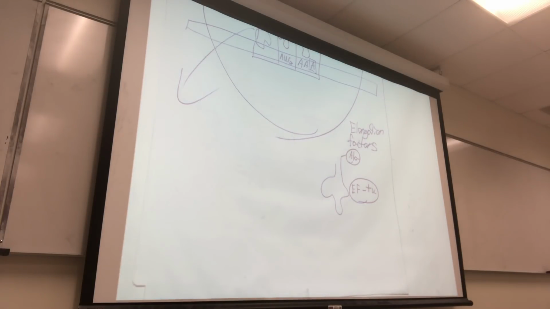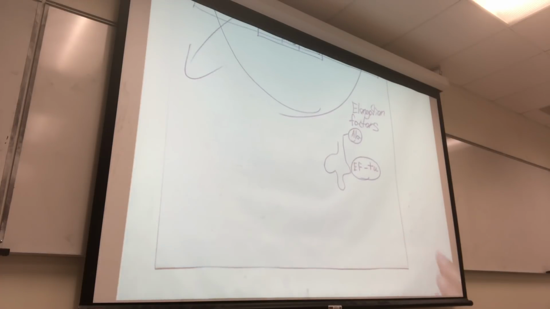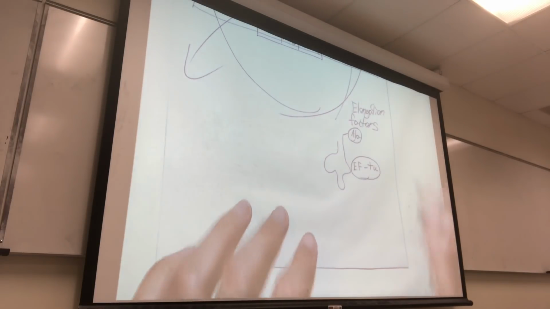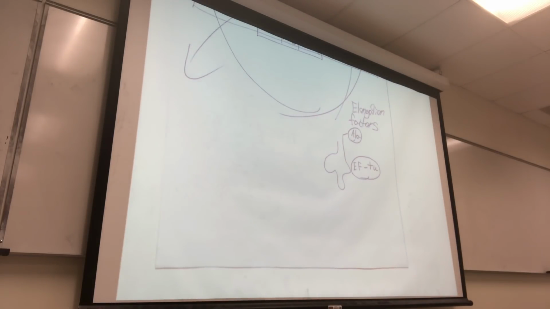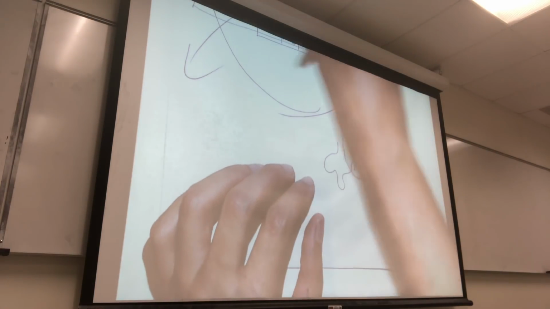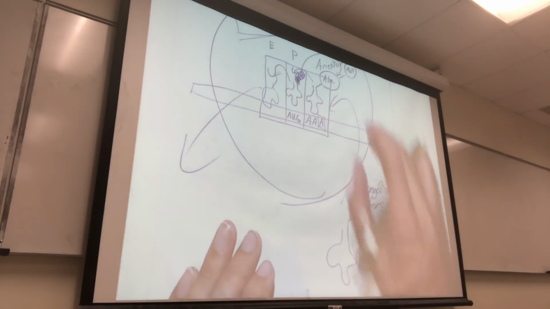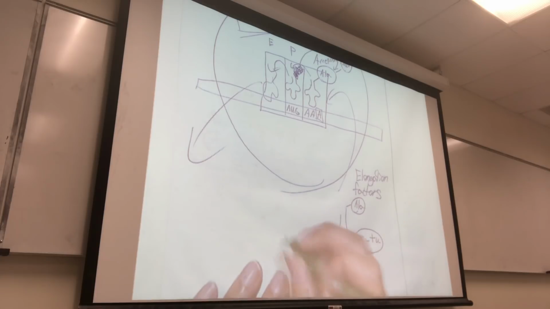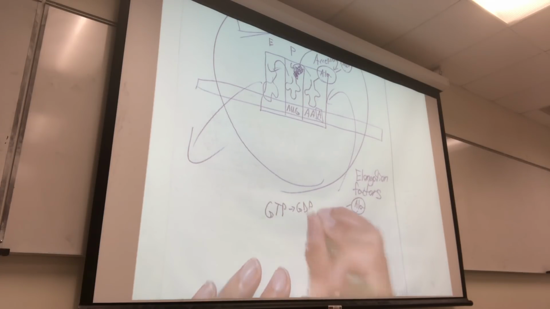I think it stands for thermo unstable, but I don't think you have to know the acronym. But it's being held on by elongation factor TU. When it brings it into the acceptor site, GTP will be hydrolyzed to power the formation of a peptide bond. So imagine this thing's bringing it into the acceptor site. And when it brings it there, GTP will be hydrolyzed into GDP.